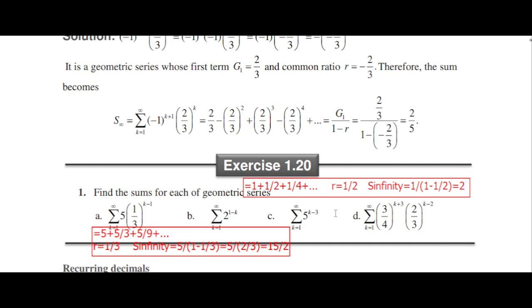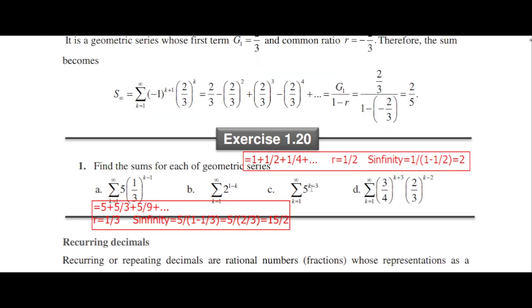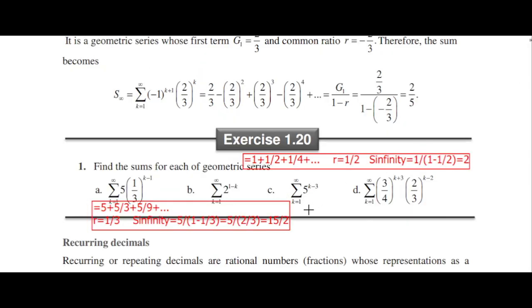Let's compute equation number C. Let's list out some terms here. For k is equal to 1, 1 minus 3 is minus 2, 5 to the power of minus 2 is 1 over 25.